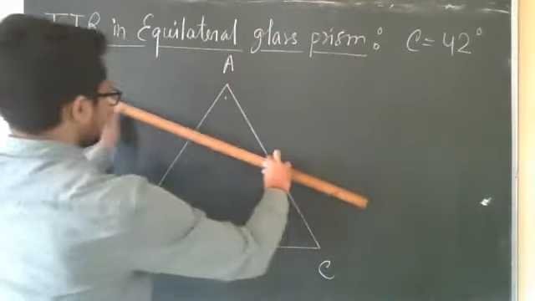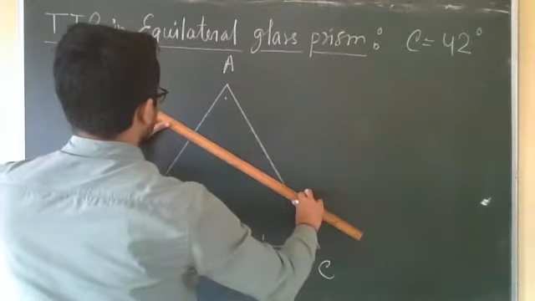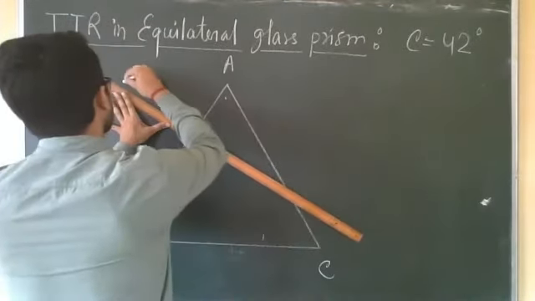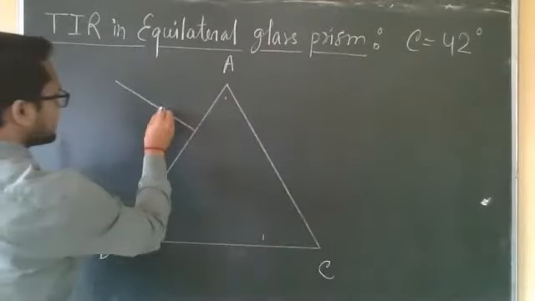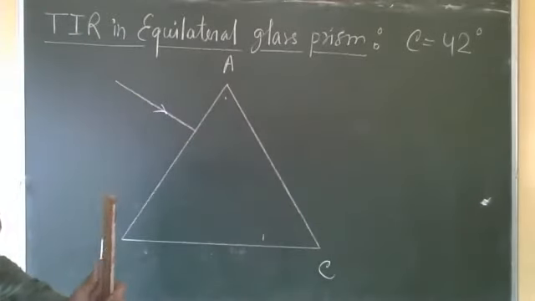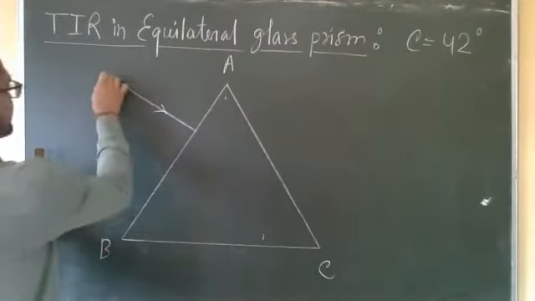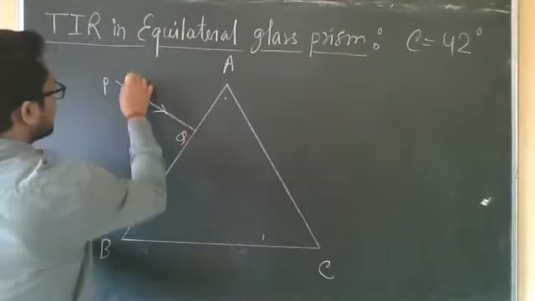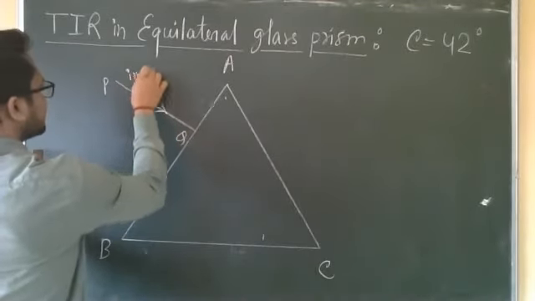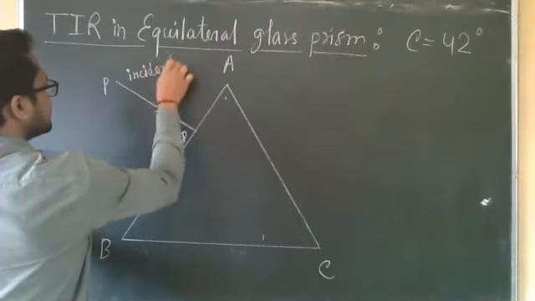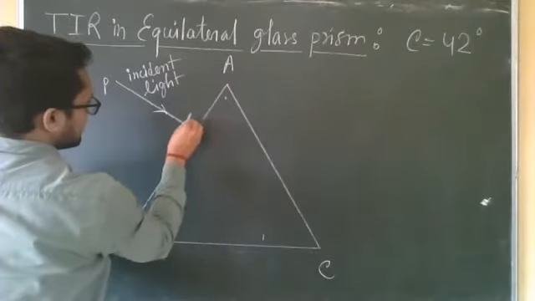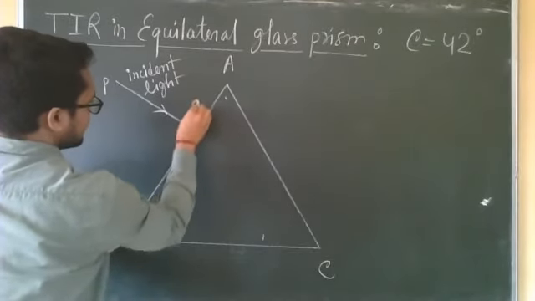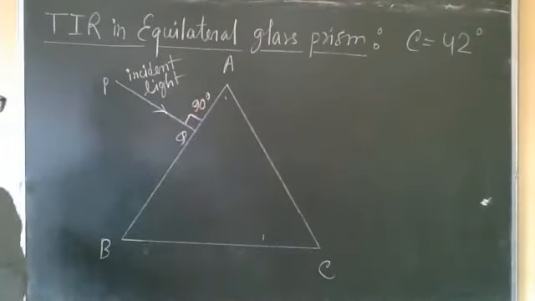So light is incident normally at this surface. This is the incident light. Give the name as it is given in your book, PQ. Normally means this is 90 degrees. What is the angle of incidence at AB?